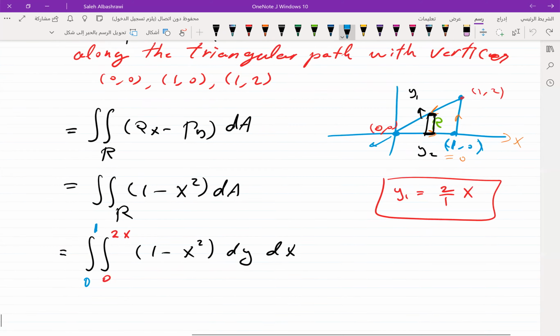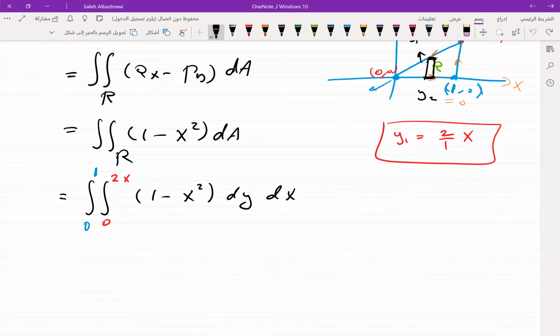So the integration for this one with respect to y first will give me the integral from 0 to 1 of y minus x squared y, or just because there's no y, I can write it as 1 minus x squared multiplied by y dx, and y between 0 and 2x.